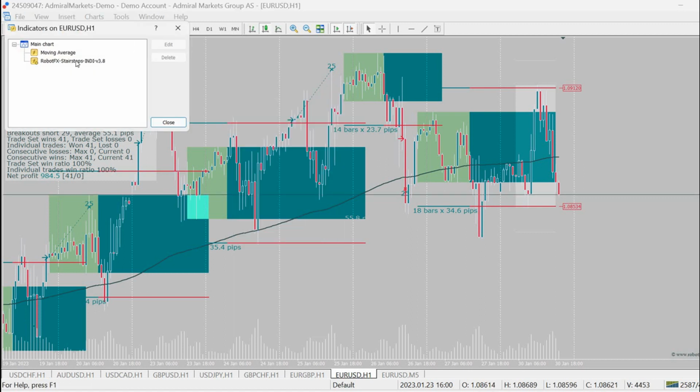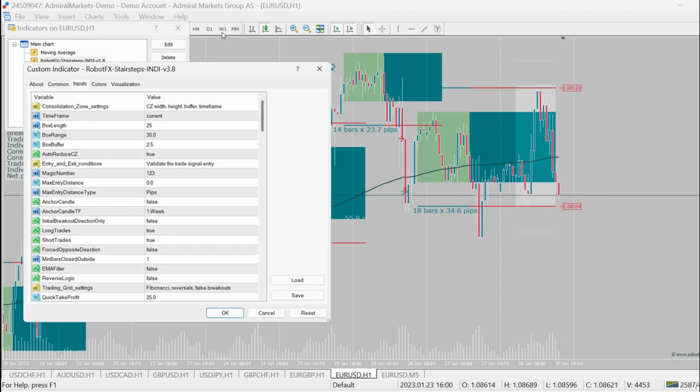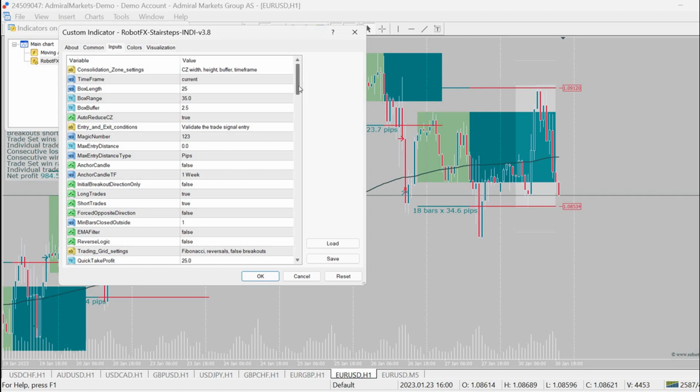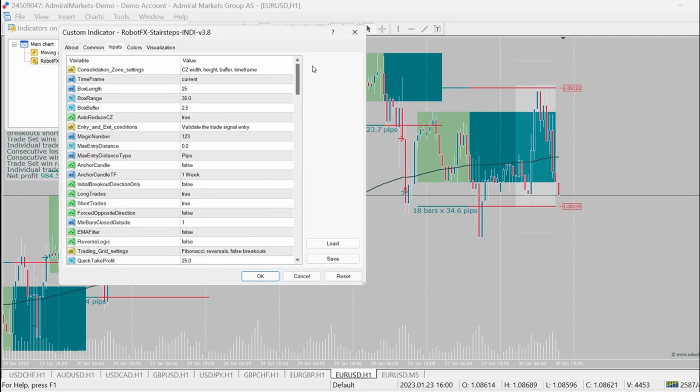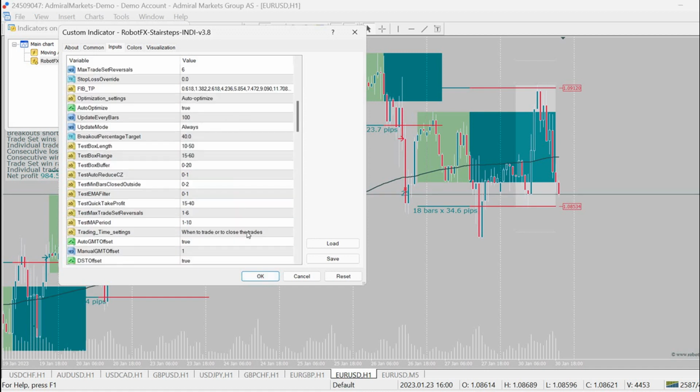There is the RobotFX Stairsteps indicator, which has more or less the same settings as the expert advisor. Some of them are missing, but the most important ones are here, and therefore the expert advisor has the possibility to copy the settings from this indicator.